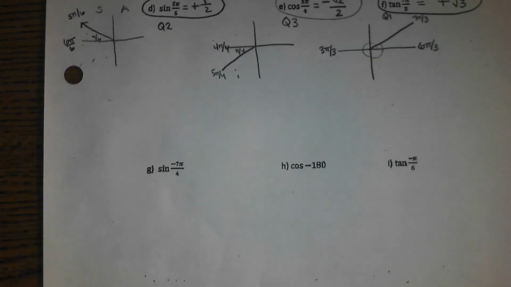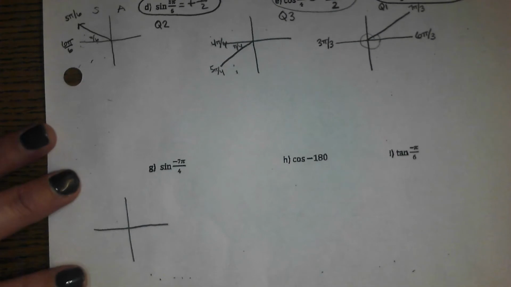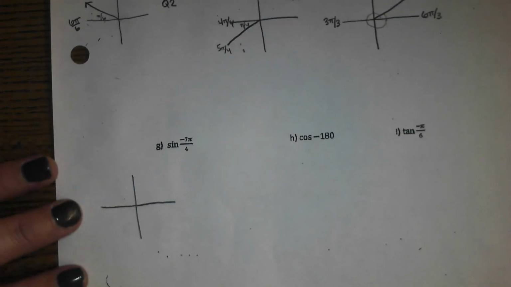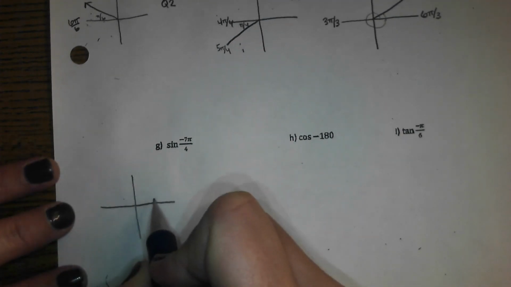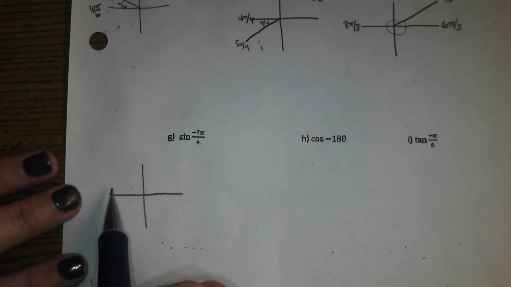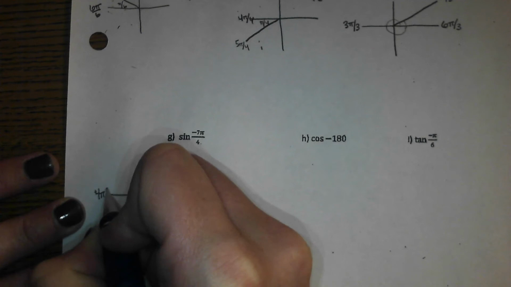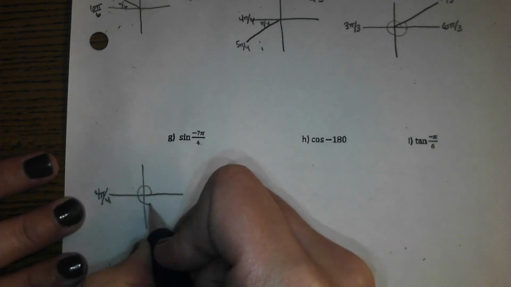All right. Moving on. Corey, what quadrant are we in? I don't think so. The denominator is 4, so how should I label this? Okay. And so if I keep going, what's this?